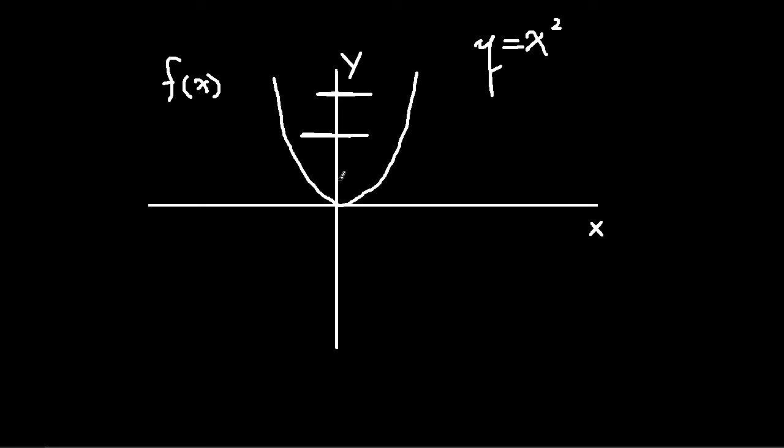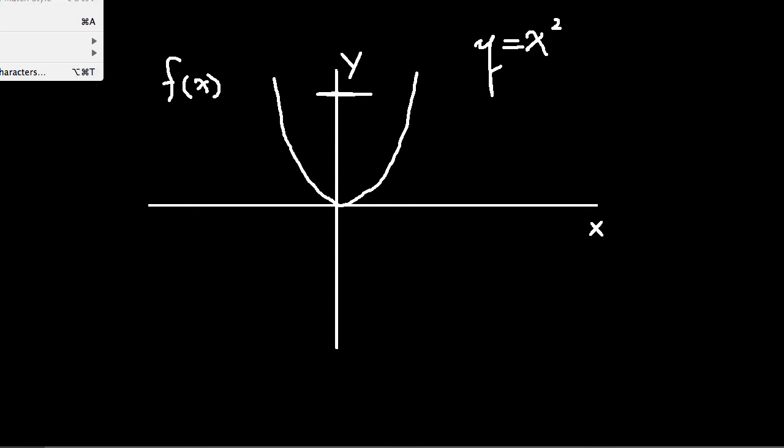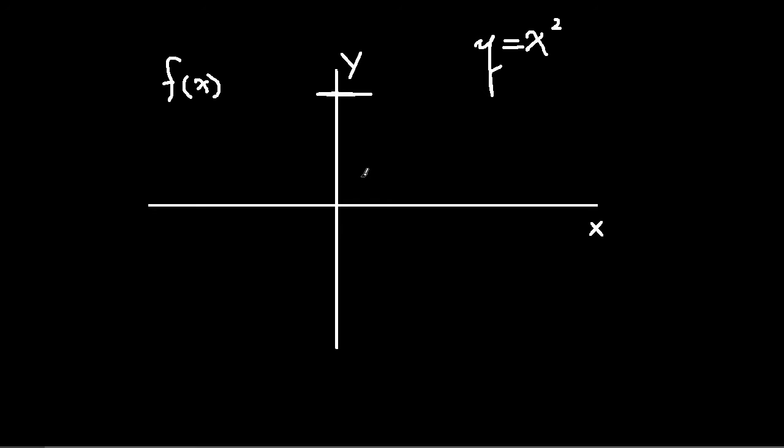If the function is symmetric across quadrants, in other words, if it's symmetric this way and this way, then we say the function is odd. Remember that? So let's suppose we have any function, and that function f of x is neither even nor odd.